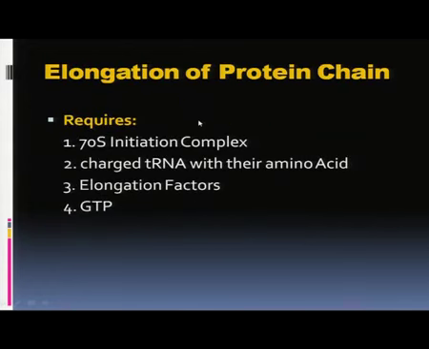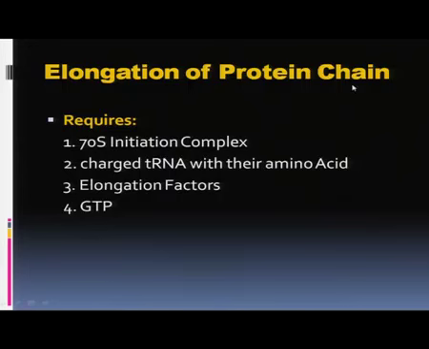Now, let us talk about elongation of the protein chain. We learned in the earlier slide how the 70S initiation complex is synthesized to initiate the protein. After the binding of the first amino acid at the P site of the ribosome, how do further amino acids combine? That is elongation of the protein chain.